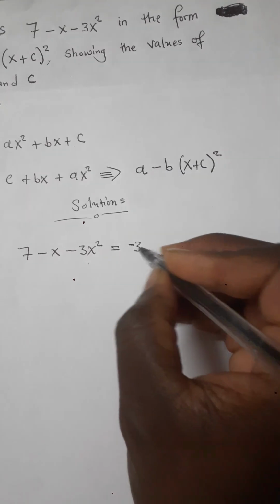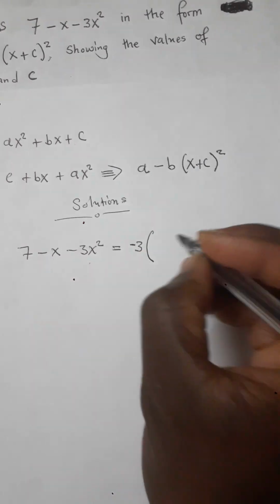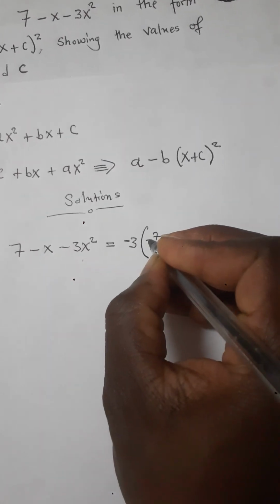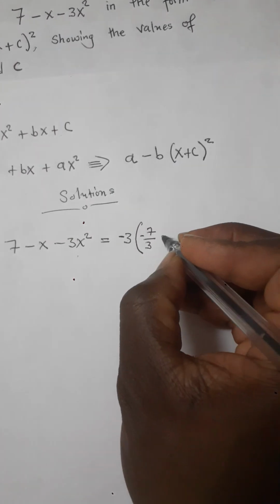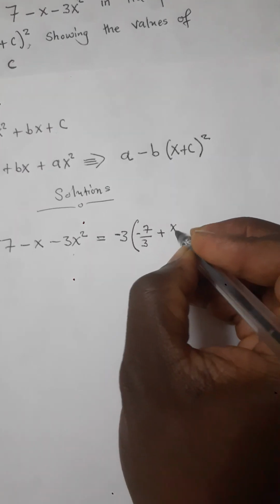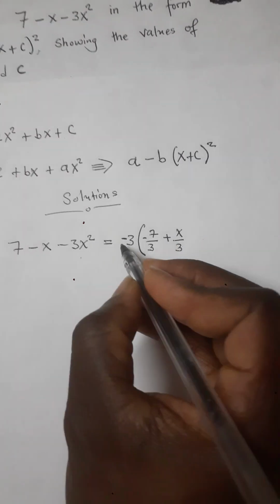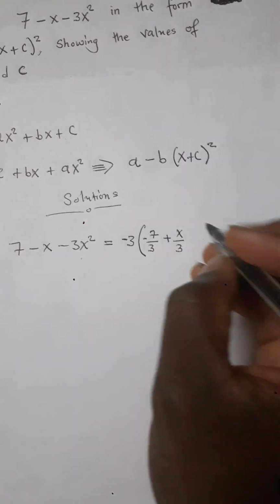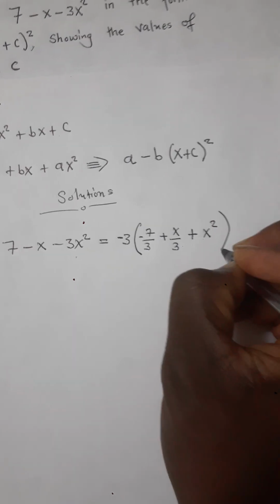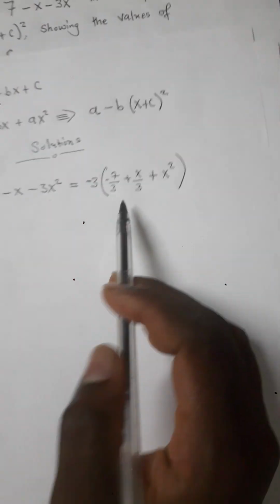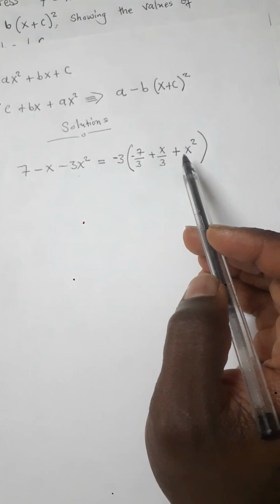Factoring out minus 3 will give me 7 minus 3 into 7, that is minus 7 over 3. Minus 3 into minus x will give me positive x over 3, and minus 3 into minus 3x squared will give me positive x squared. Now that my coefficient for this term is 1, I'm good to go.